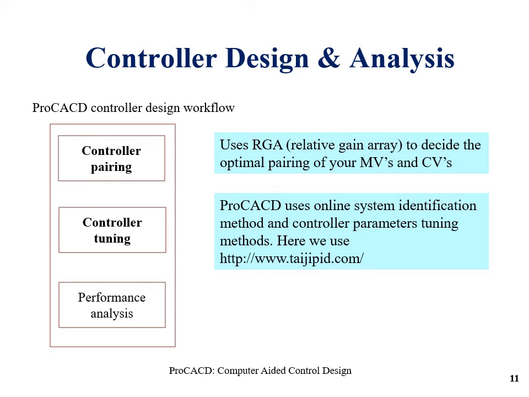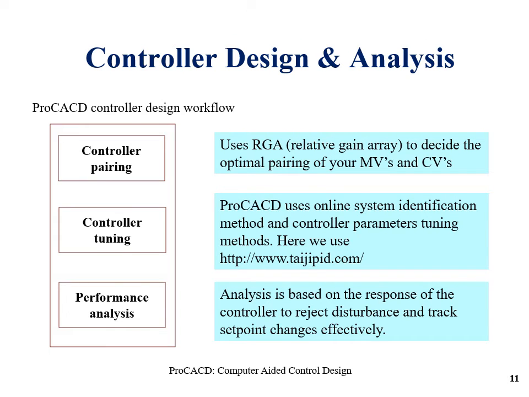Finally, the third one is the performance analysis. Once the control parameters are tuned, you need to verify how they are performing, and for this we can use analysis methods like disturbance rejection or set point tracking. In disturbance rejection, we give a small disturbance and see how the controller is able to reject it and keep the control variable at the set point.